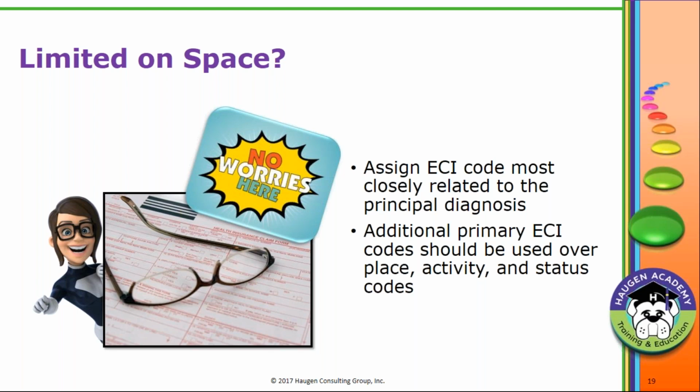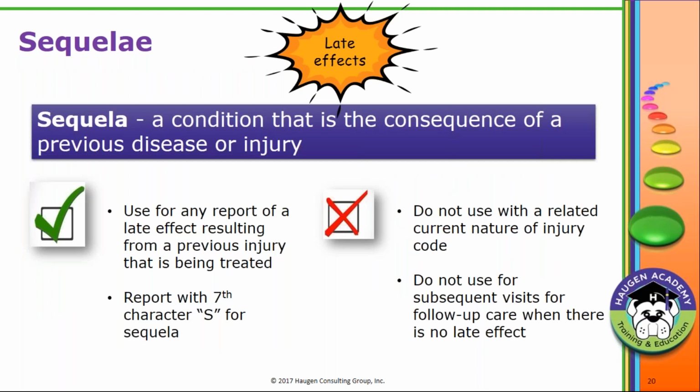So if you can't fit something on the claim or something in your system, make sure you're at least pulling all of your primary external cause codes. You may have 1, 2, or possibly even 3 primary external cause codes that take precedence over those others.